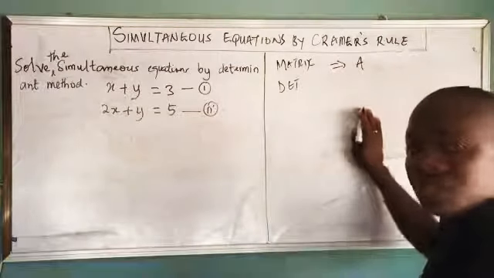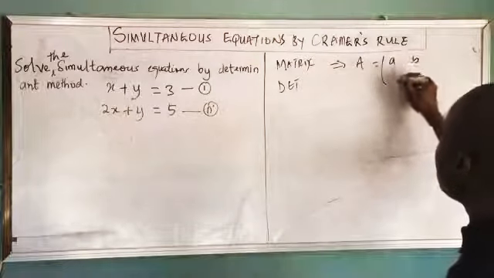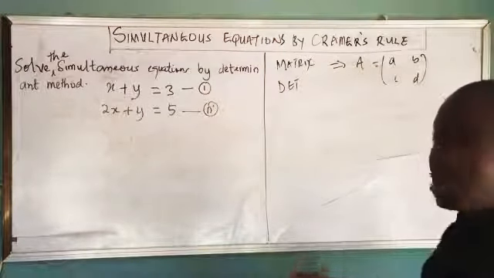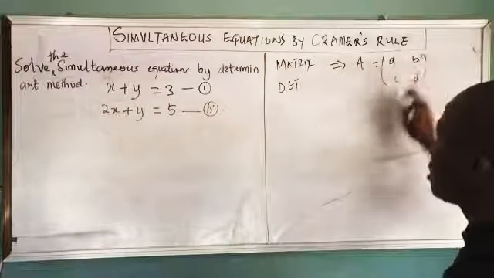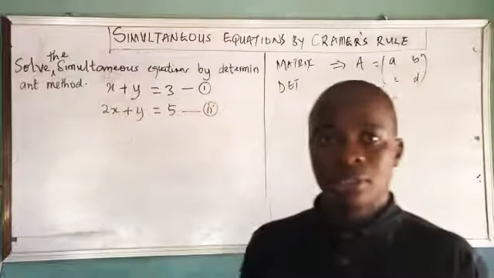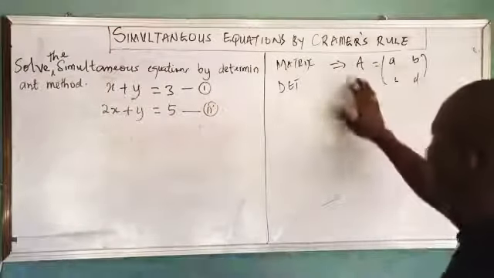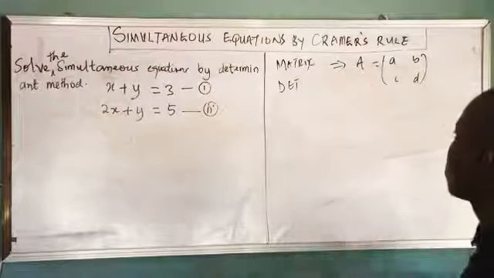Let a matrix be represented by A, then we have a, b, c, d. You can clearly see here that I use small letters to represent the entries, and I represent my matrix itself with a capital letter.